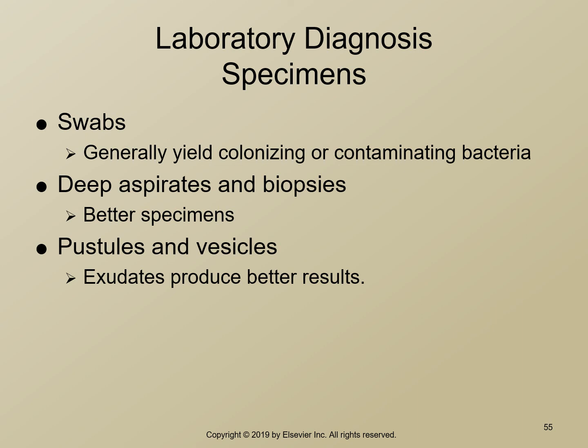So deep aspirates or biopsy samples are better specimens when trying to determine the causative agent of skin presentations. With obtaining laboratory specimens, if pustules or vesicles are present, the roof or crust of them should be removed with a sterile blade, and any pus or exudate should be gram-stained and cultured.